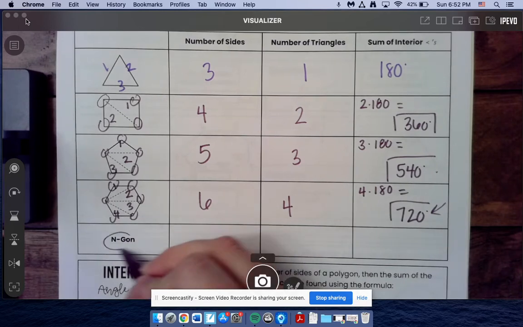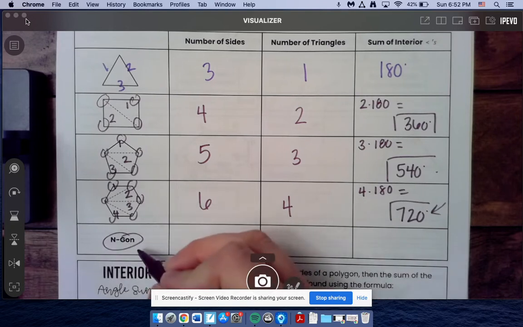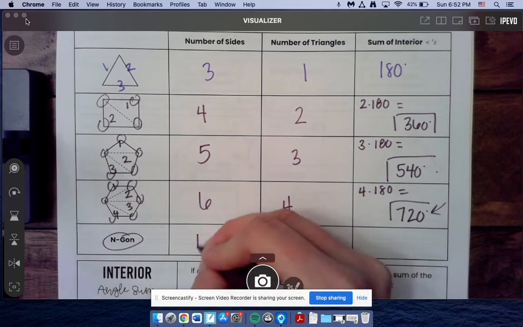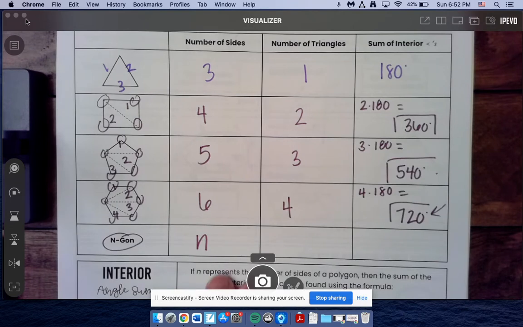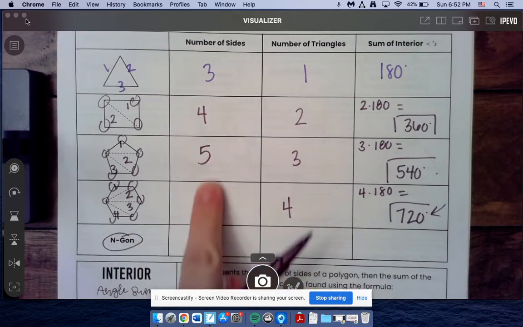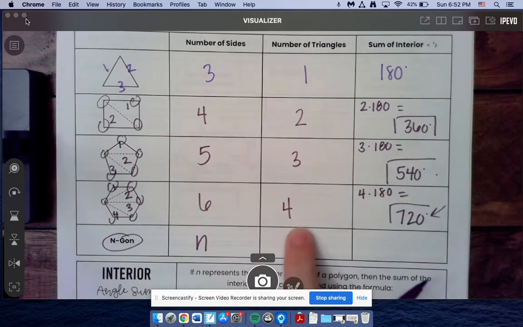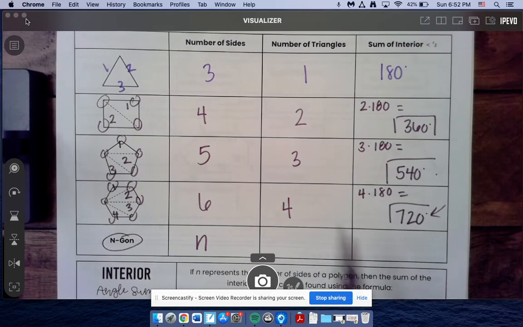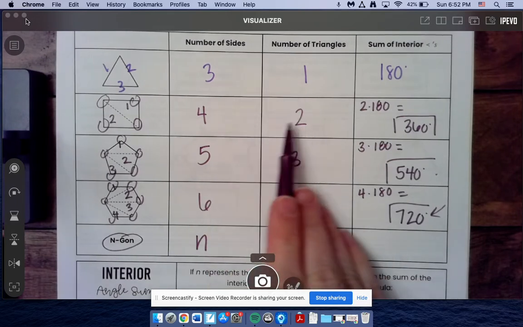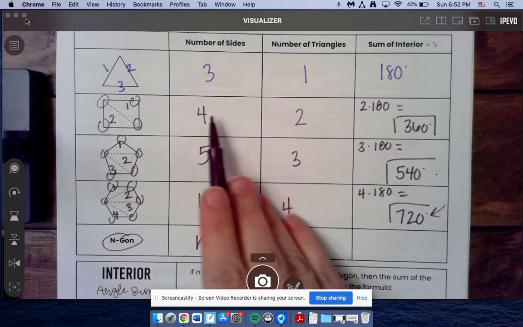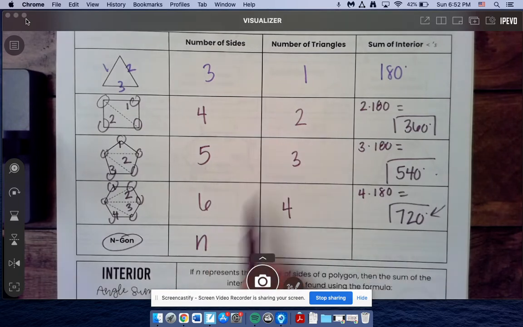Remember, an n-gon is just a polygon with n number of sides. So if we have n number of sides, what's the relationship between the number of sides and how many triangles are in that polygon? Can you see a pattern between 3 and 1, 4 and 2, 5 and 3, and 6 and 4?